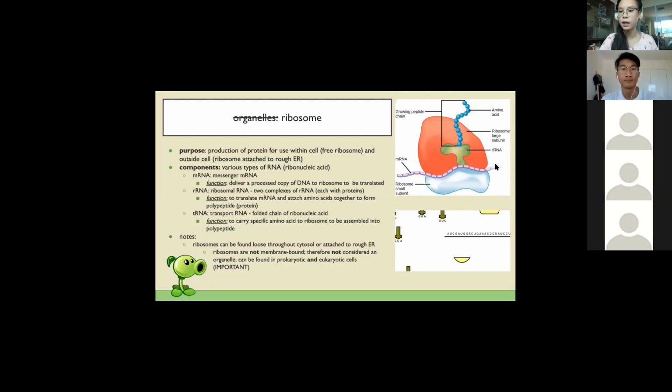In between, there's a strand of mRNA, which is basically a messenger, a derivative from DNA that helps to produce proteins. And there is also transfer RNA, which brings amino acids over from other places in the cell so that the ribosome can produce proteins. And you'll learn about that more later when you learn about central dogma.